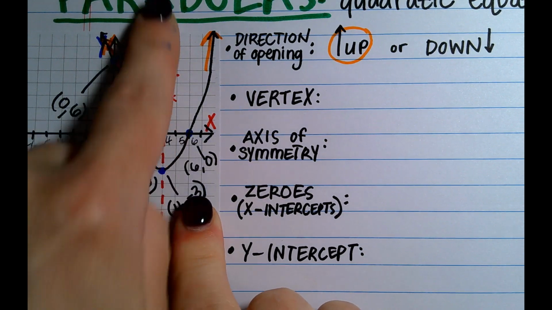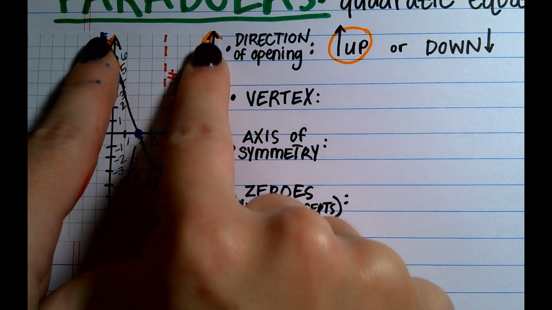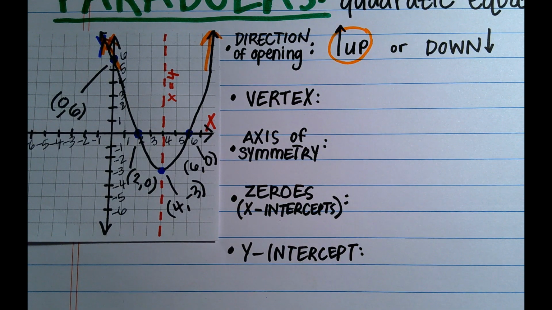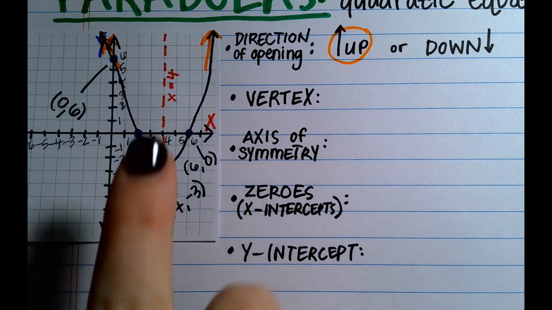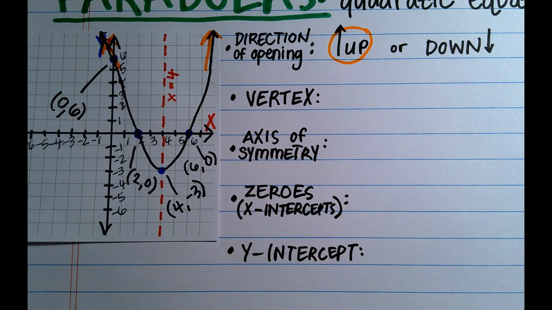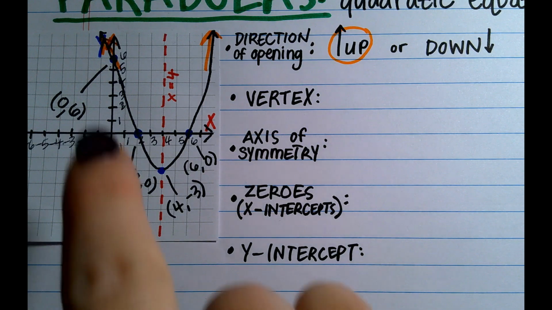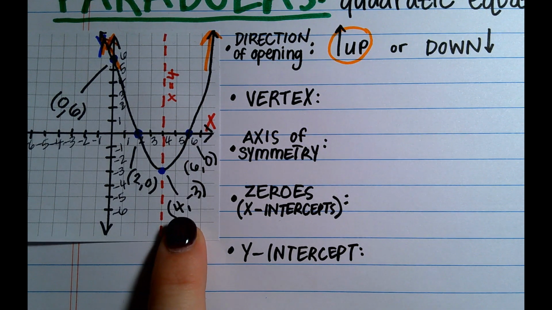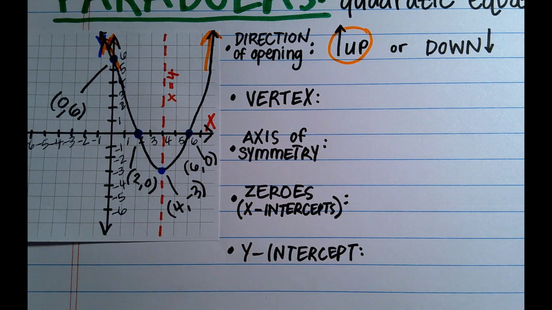This one is facing up, and since there's arrows on the ends of this parabola, it means that it goes up and up and up forever and ever, and it never ends. So, if it goes up forever, there's no highest point. There's only a lowest point, and that lowest point is your vertex.